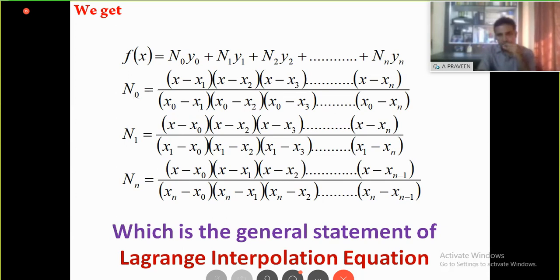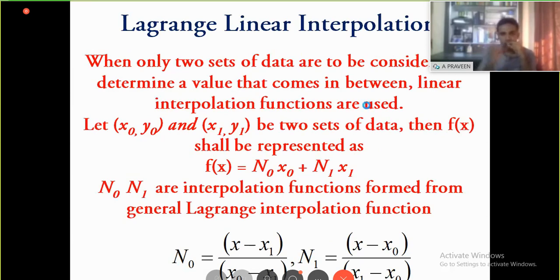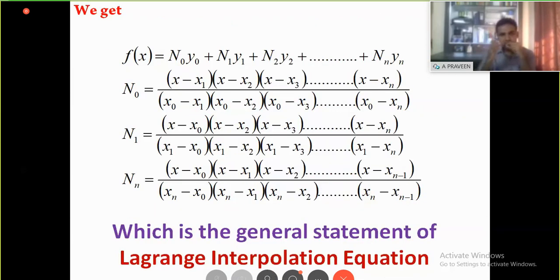This is what's called an interpolation equation. N0 is the first interpolation, N1 is the next interpolation, Nn is the next. Details will become clear as we move forward to the specific problems. What we are given here is in general, and it looks very big, but it's very simple.